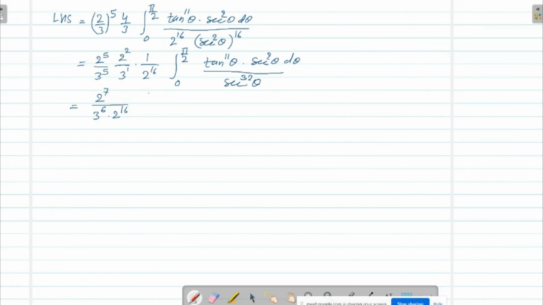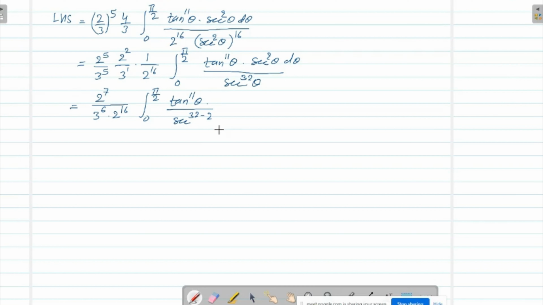Now integration with limit 0 to pi by 2. Now just write down 10 raised to 11 theta into sec square theta, then we write here divide by sec raised to 32 theta minus 2.